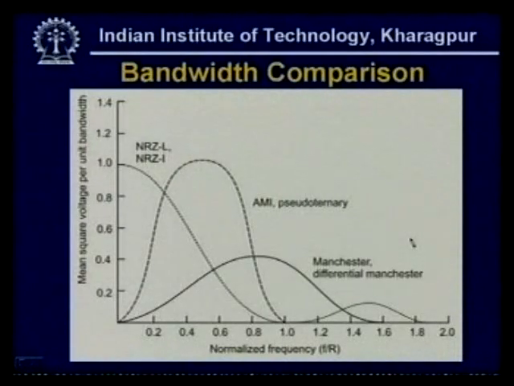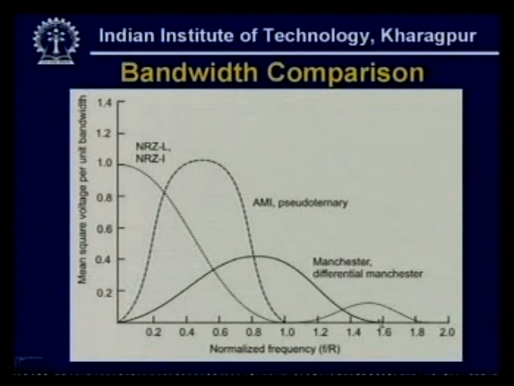If we compare the bandwidth of the different signals, we find that NRZ-L and NRZ-I have lower bandwidth. However, because of the presence of a DC component and the low pass nature of the signal, they are not attractive. On the other hand, Manchester and differential Manchester encoding have a very good bandwidth spectrum shape, with most of the frequency components in the middle.